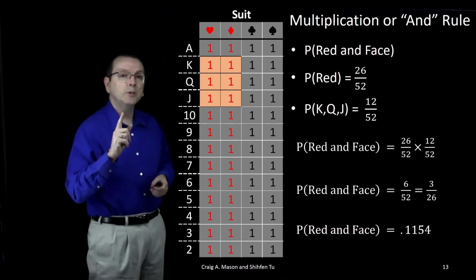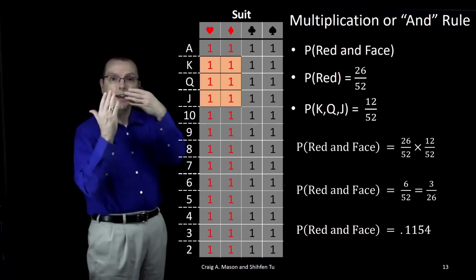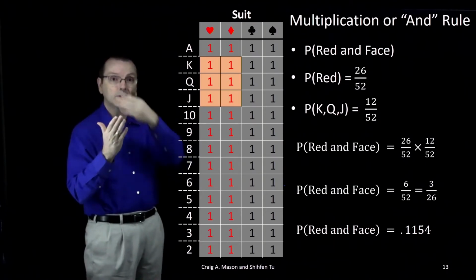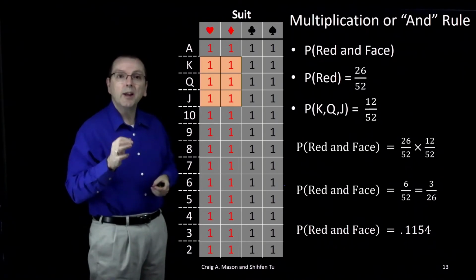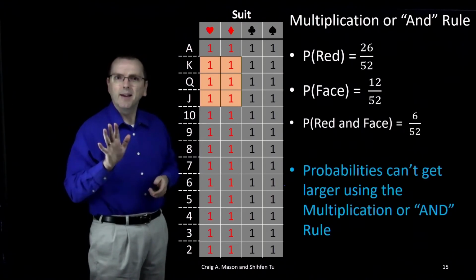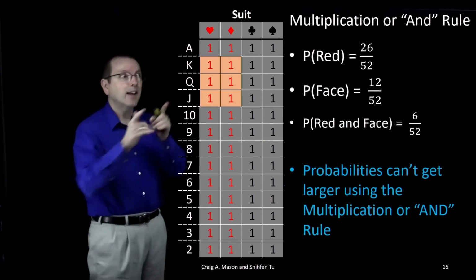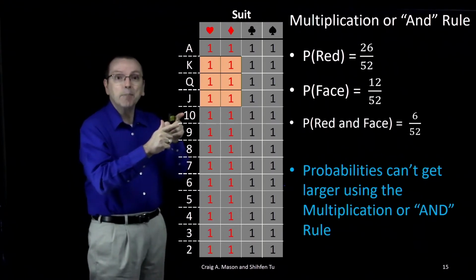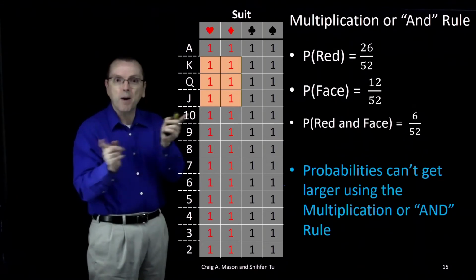Now, notice how, because we're looking at that overlap, the intersection between red cards and face cards, the multiplication rule leads to smaller probabilities. The probability of this and that can't be larger than whatever was the smaller of those two probabilities, right?